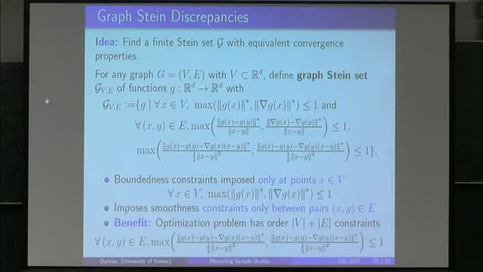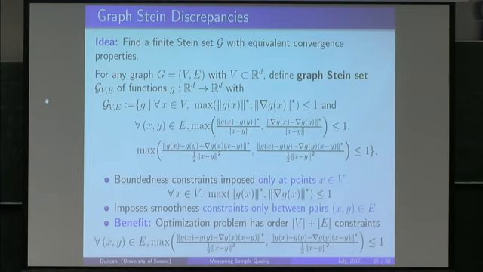So we would have the maximum of g and its gradient less or equal to 1 only on the vertices, which would be x1 to xn. Similarly, the constraints on the derivatives would only be imposed in the finite difference form, between x and y, where x and y are two values in the set x1 to xn. And similarly, we do that for the higher derivatives.